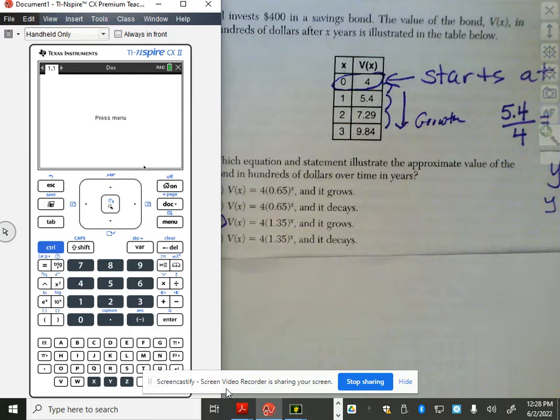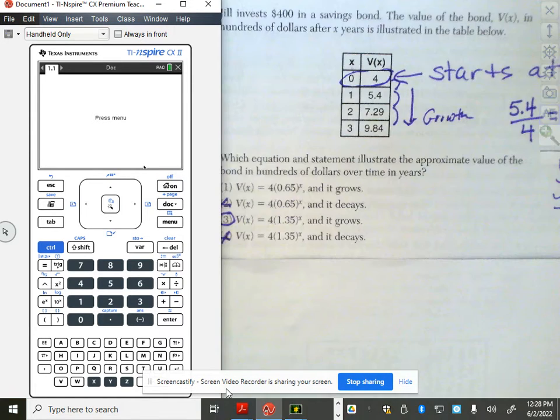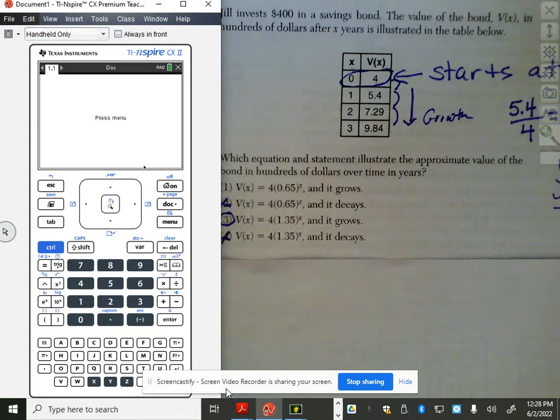We could immediately eliminate choice 2 and choice 4 because we know they're not decaying, they're not getting smaller, and if they're not getting smaller, it's not a decay, so it has to be a growth. So it would then be either 1 or 3.